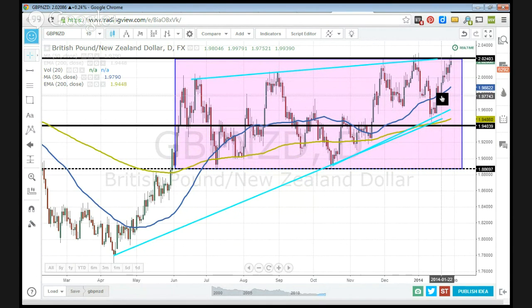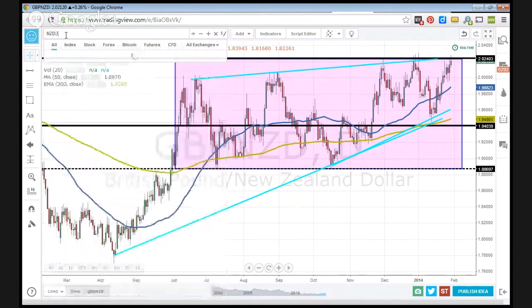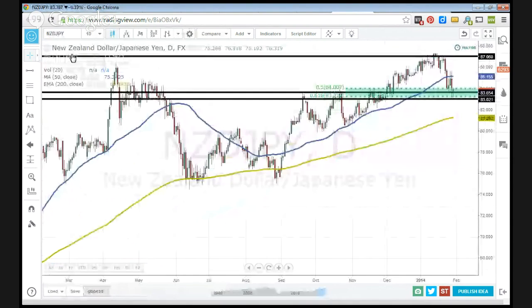The yen is sort of its own beast, I feel, which is why I am looking at going long Kiwi against the yen. Okay. So here we are.